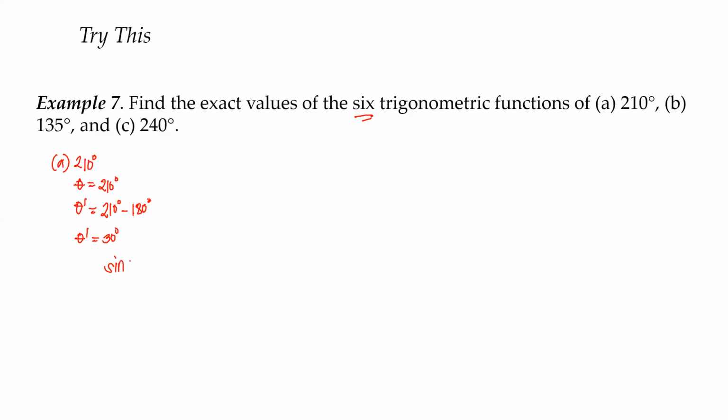Now, sine 30 degrees is equal to 1/2. Cosine 30 degrees is equal to square root of 3 over 2. And tangent 30 degrees is equal to square root of 3 over 3. Right?